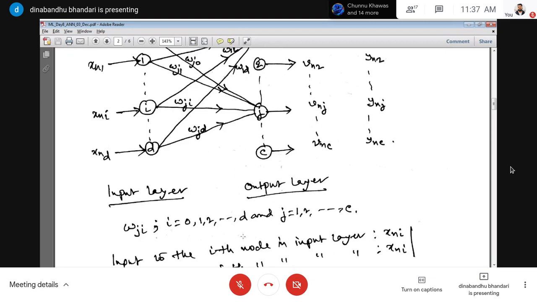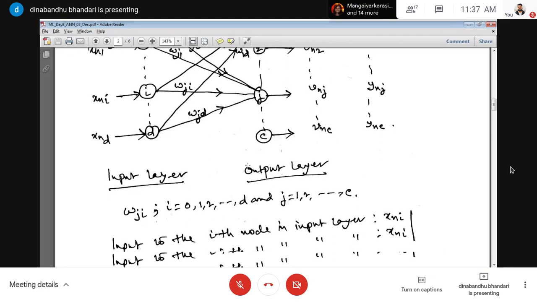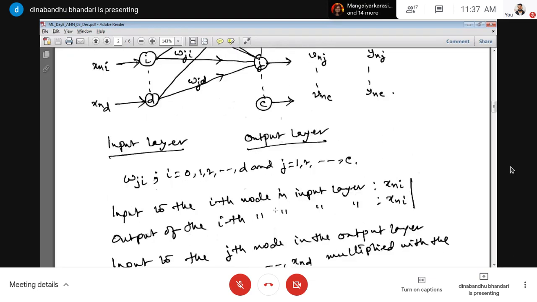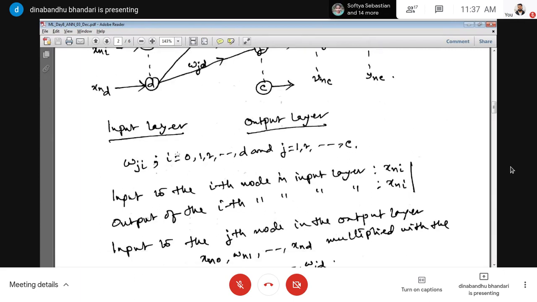These are very important. While writing a program, you will realize it. Then the input to the ith node in the input layer is xni. The output of the ith node in the input layer is the same, xni. So the job of this input node is very simple. It receives the input and provides the same output. Input nodes are very simple.